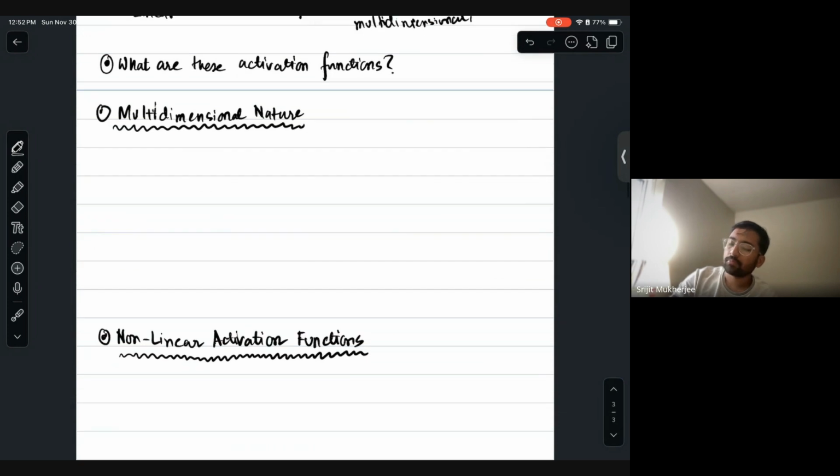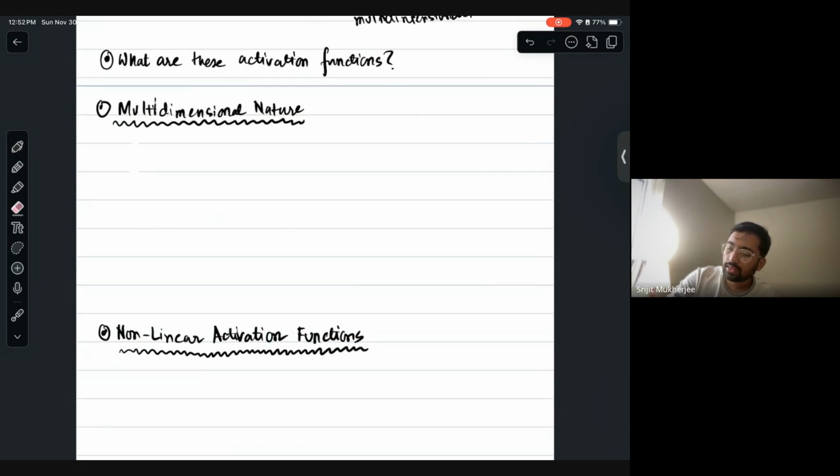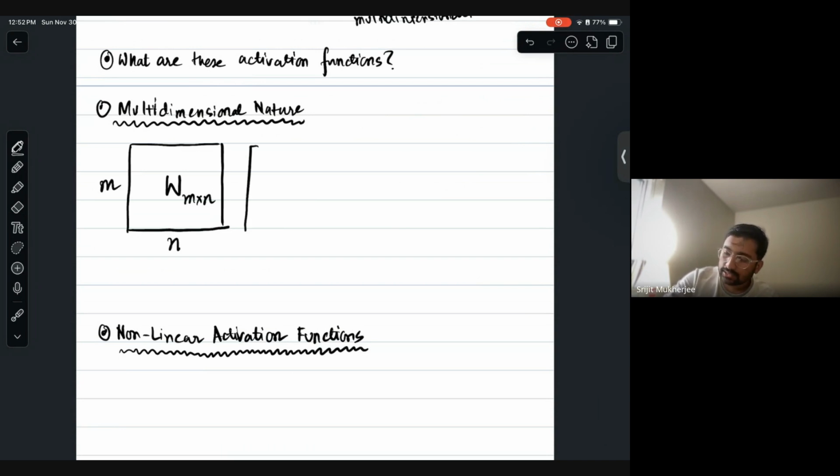It's very simple. If you remember, this is W. This W is a matrix of m cross n. So m is this and n is this. And it's multiplying with x, which is n cross 1. n is the number of inputs.